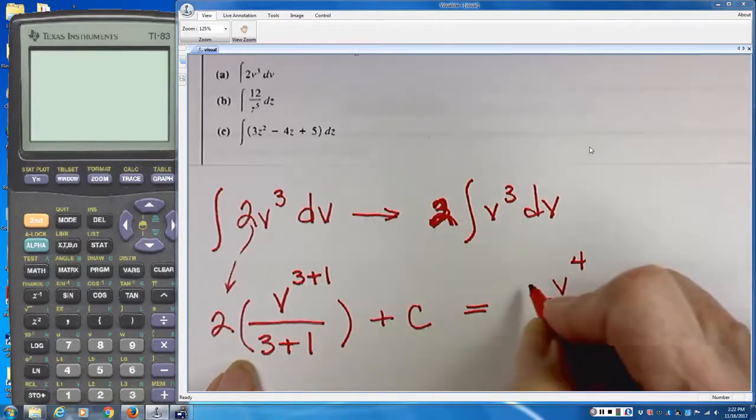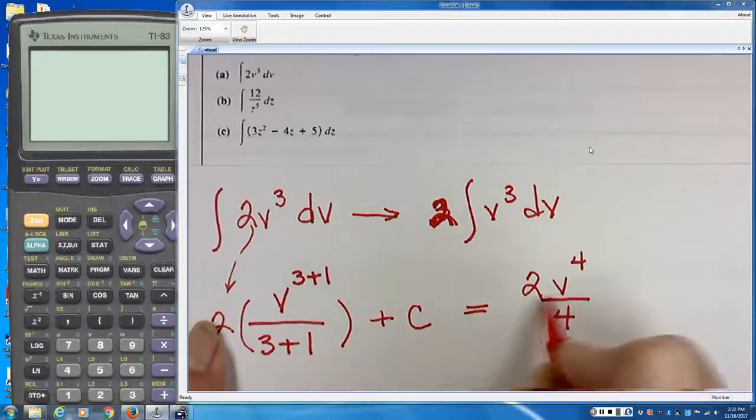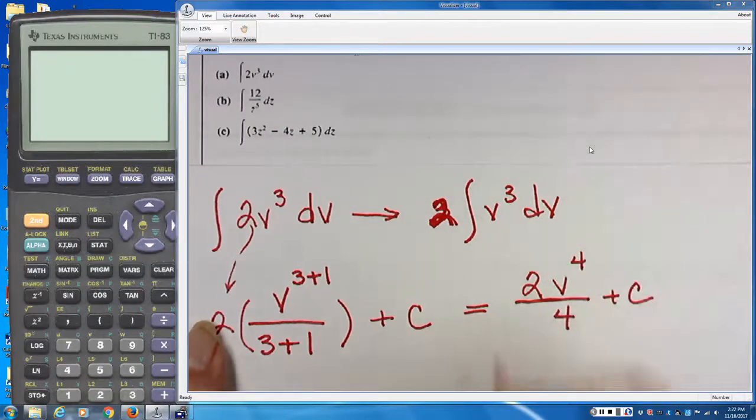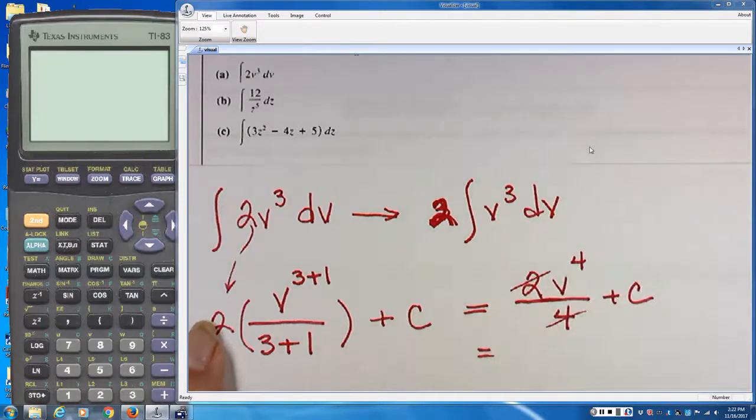It's 4 here also, and the 2 is the multiplier, so it goes up to the numerator, plus c, which if you want to divide both numerator and denominator by 2, that just becomes v to the 4th over 2 plus c.